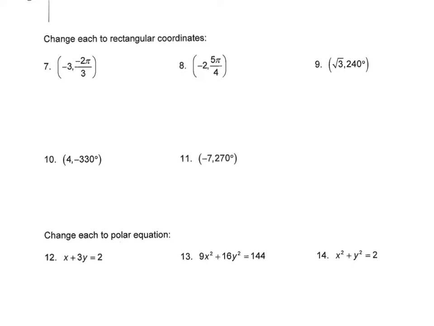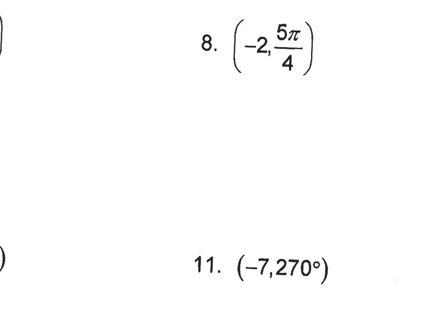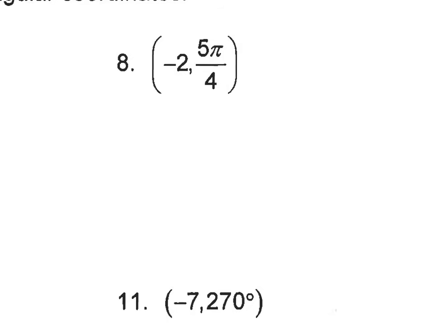Okay, so now moving on to 7 through 11, where you are going from polar to rectangular, and as we had in the notes, I'm going to do number 8 here. The calculation to go from polar to rectangular is simply using our x equals r cos and y equals r sine. Pretty straightforward.